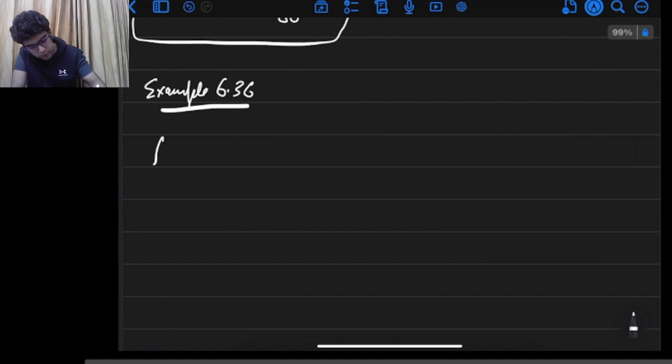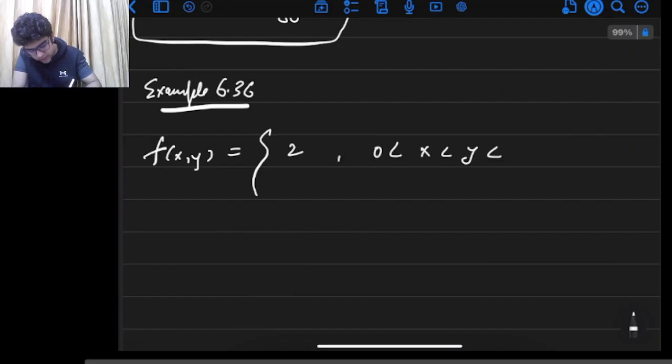So example 6.36 says that f(x,y) is 2 if x and y lie between 0 and 1, and 0 otherwise.